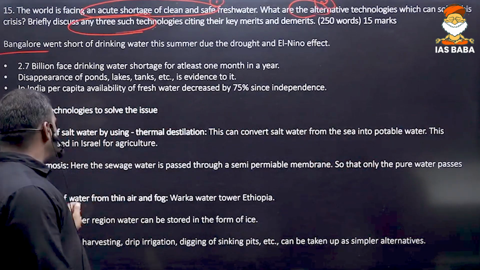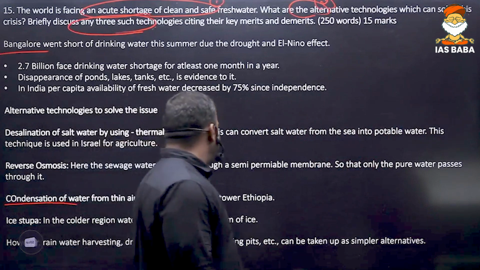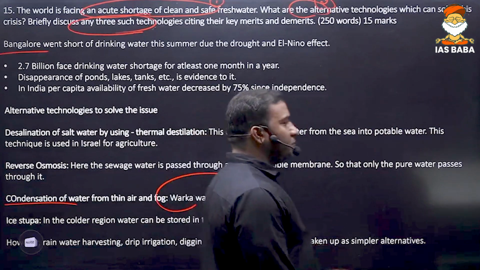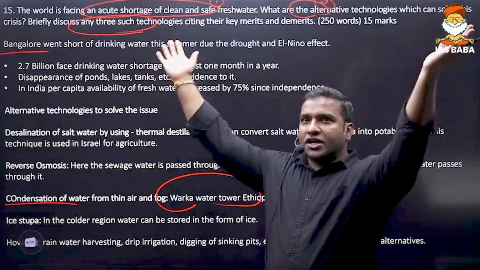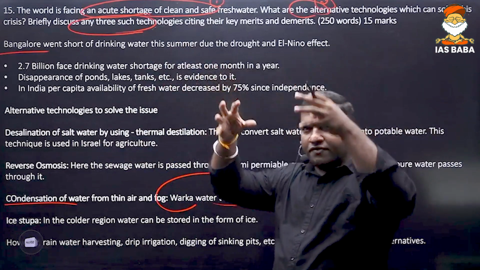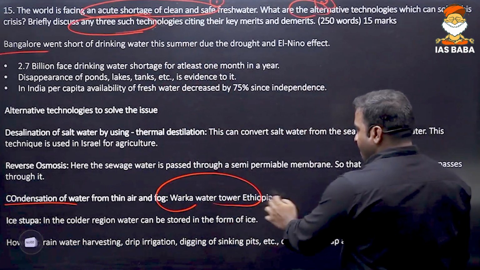Then condensation of water from thin air and fog. Friends, here is the Warka Water tower, Ethiopia. They condense the fog and take out fresh water from it.